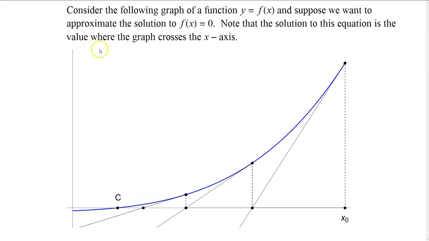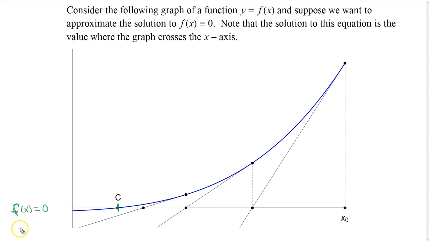Now let's go over the derivation of Newton's method here. So let's consider the graph of a function that we have here. This blue curve is a function, and we want to obtain the solution right here, c, to f of x equals 0. Right there at c, that is our solution to f of x equaling 0.